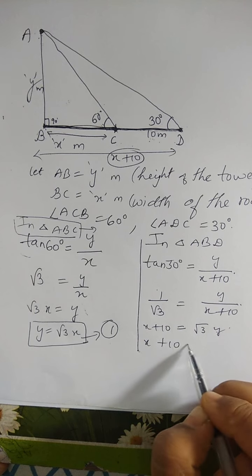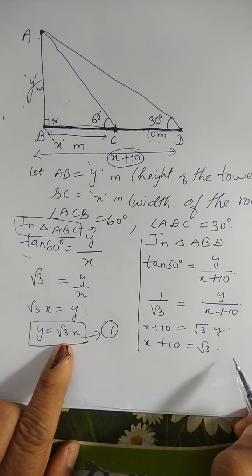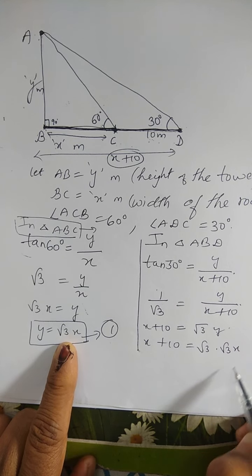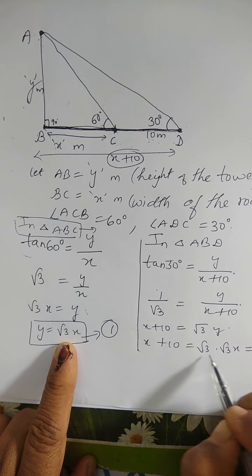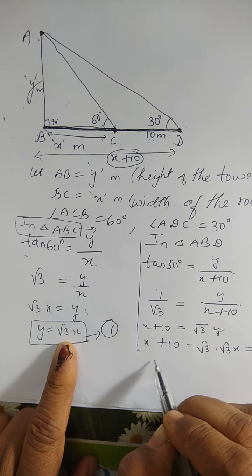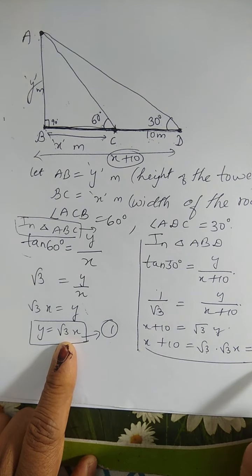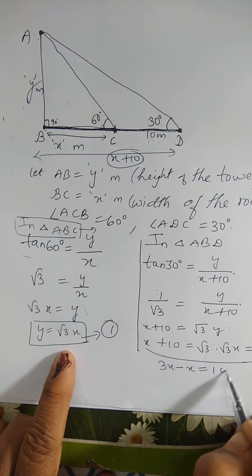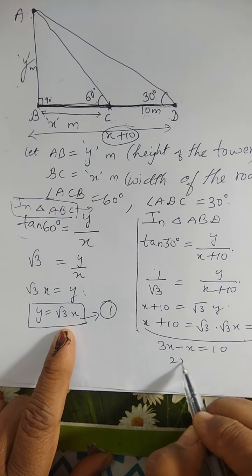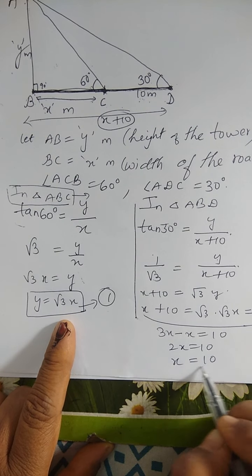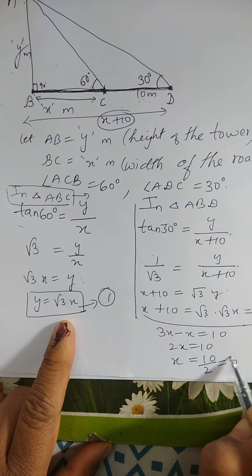X plus 10 is equal to root 3 into y, and the y value is root 3x. So root 3 into root 3 gives 3x. We get 3x minus x equals 10, so 2x equals 10, and x equals 10 by 2, which is 5.